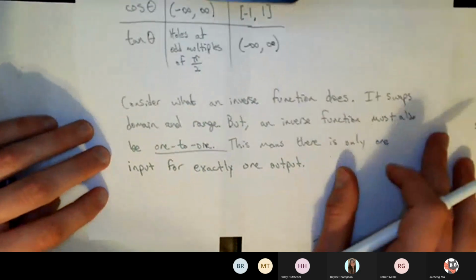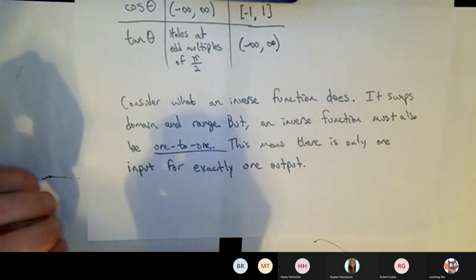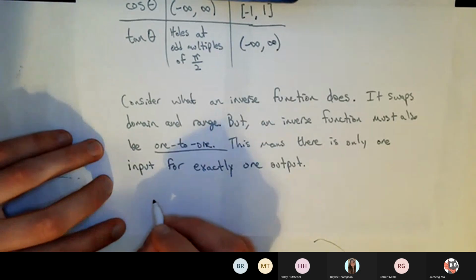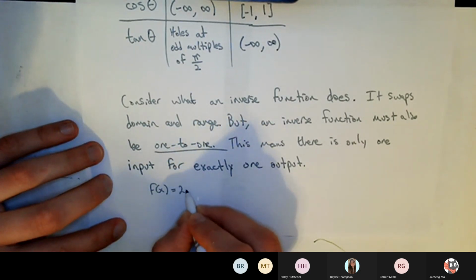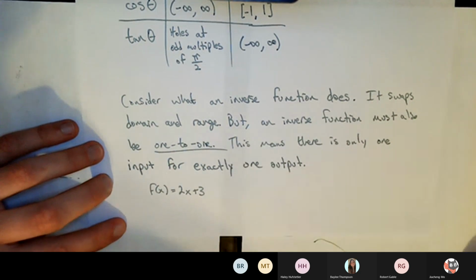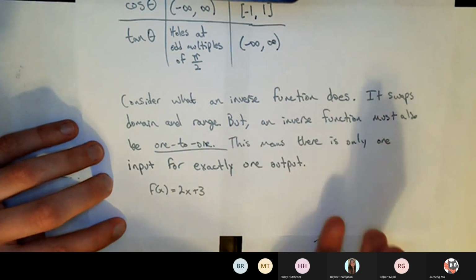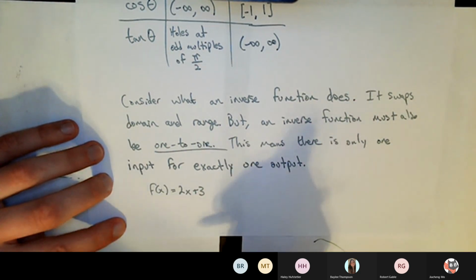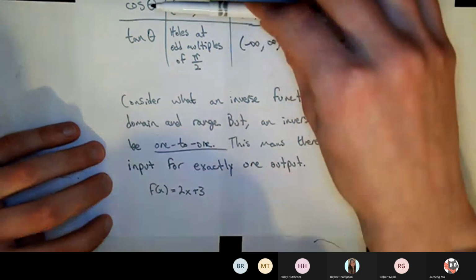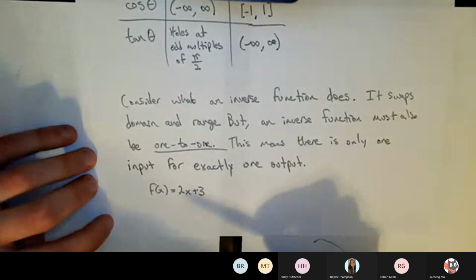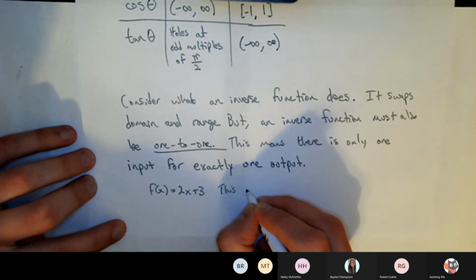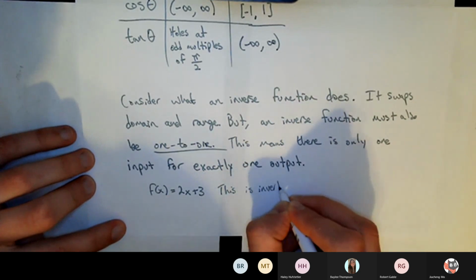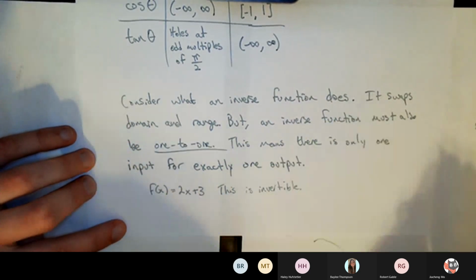So real quick examples from pre-cal of a function that is invertible. So f of x equals 2x plus 3. I can invert this, no problem. It's 1-to-1, meaning that if you drew the graph of it, it passes the horizontal line test. There's a lot of stuff we can say about it. This is invertible. And let's leave it at that.